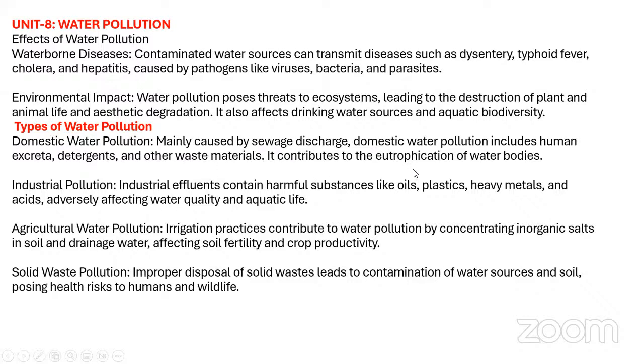It contributes to the eutrophication of water bodies. And these are the domestic pollutants. When we talk about industrial pollution, industrial effluents contain harmful substances like oils, plastics, heavy metals, and acids, adversely affecting water quality and aquatic life. And these are the domestic and industrial types of pollutants.